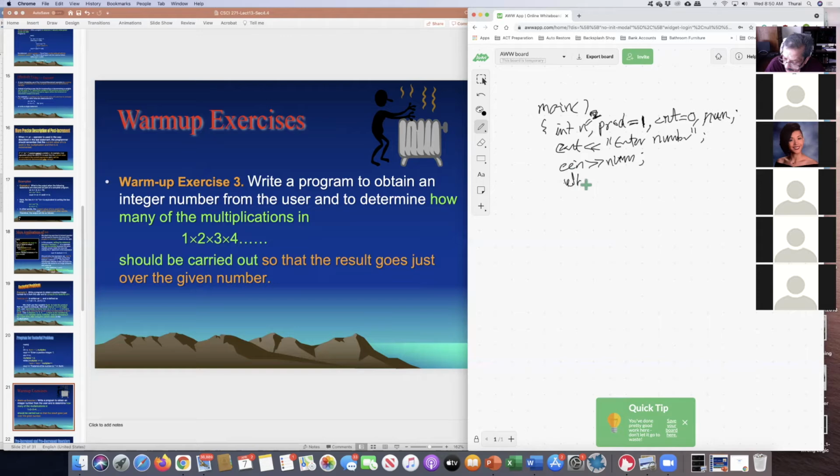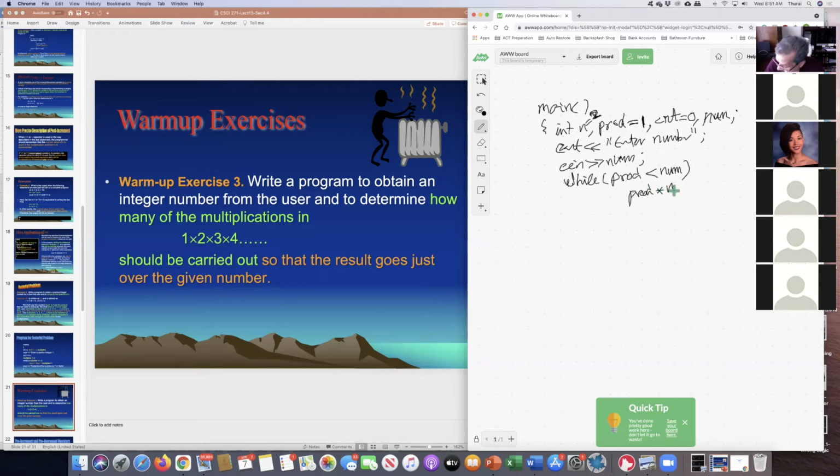So while prod is less than num. Say until prod goes over num, I have to keep multiplying. So while prod is under num, I need to continue the multiplication. So while prod is under num, I need to multiply prod by n.